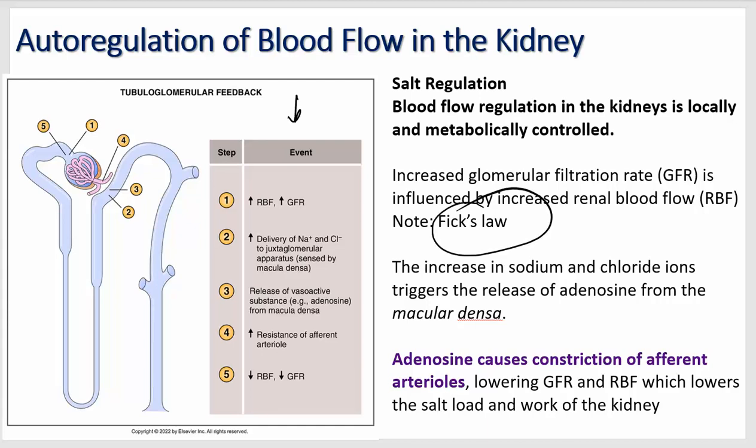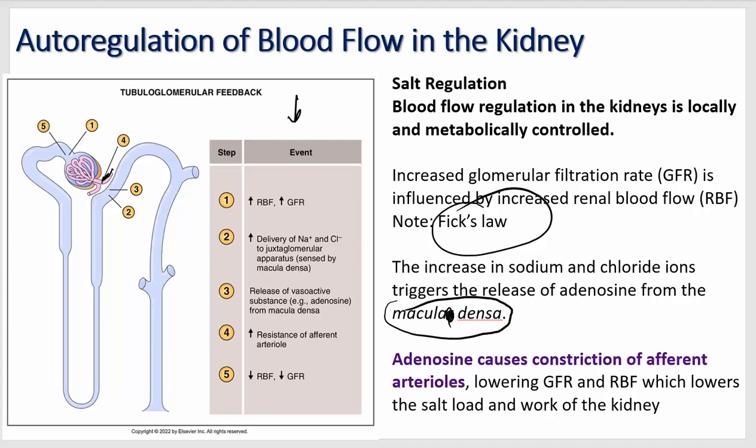So the increase in sodium and chloride, this is our macula densa, is going to trigger the release of adenosine, and adenosine is going to cause constriction of those afferent arterioles. So it's going to restrict blood flow in, and it's going to slow things down.